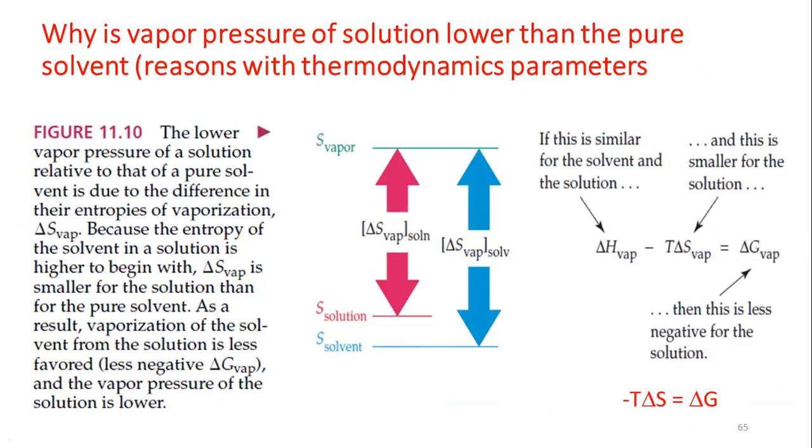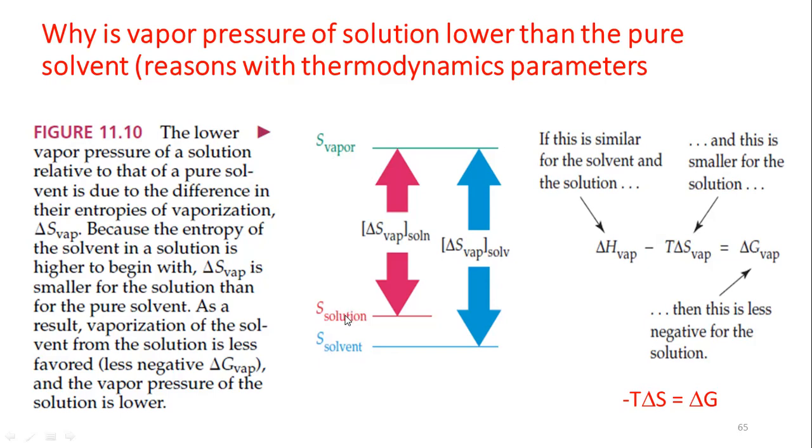So why is this happening? I will explain with the thermodynamic parameters, which are the change in enthalpy, change in free energy, and change in entropy. If you compare the entropy between the solvent, solution, and the vapor, the entropy of the solvent is less, then the solution is more, because when you prepare a solution, it has more randomness, because you dissolve the solute into the solvent, and the randomness increases.